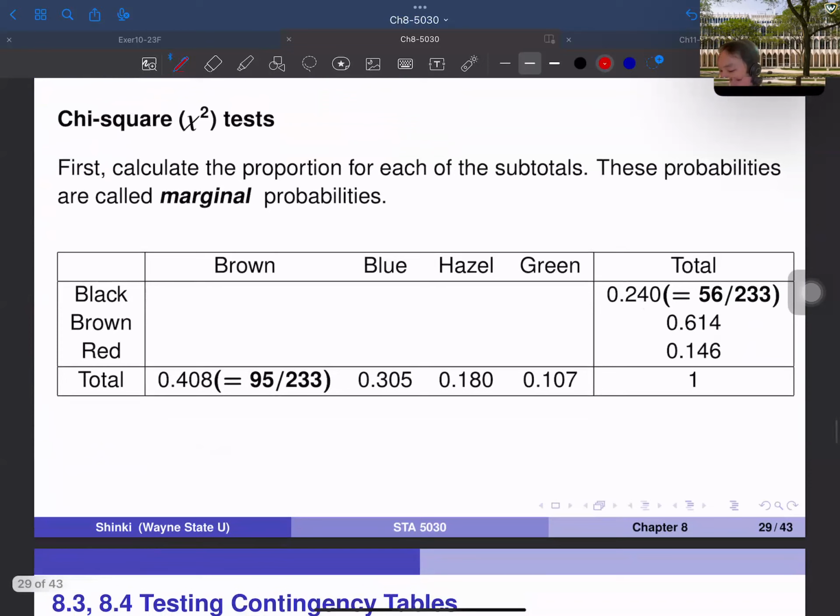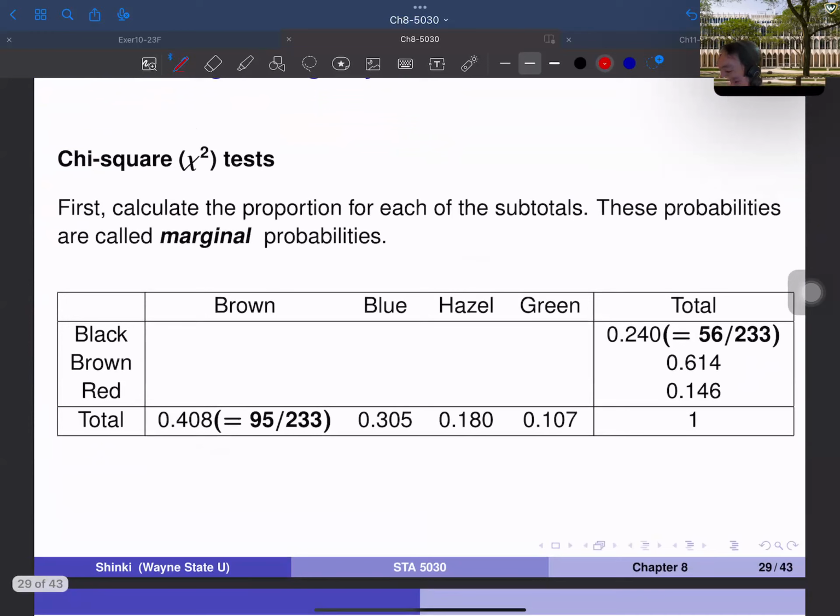Now we calculate the expected table. We have actual numbers, and based on them we can calculate this marginal distribution and this marginal distribution. In total, 24% of students have black hair, 61.4% brown hair, and 14.6% red hair.